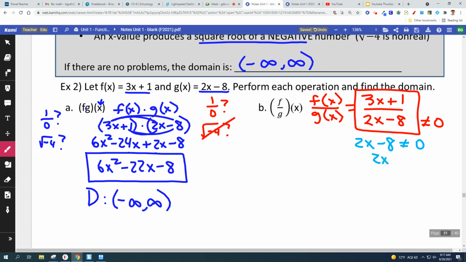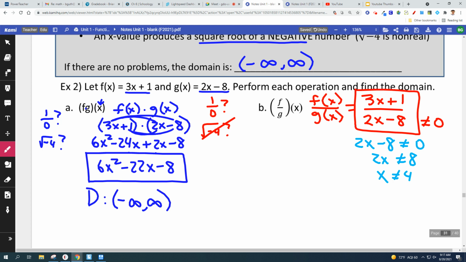Add 8. So 2x is not allowed to equal 8. Divide by 2. X is not allowed to equal 4. Think about it. If x was equal to 4, you plug in 4, you're going to get 0 on the bottom of a fraction. That's going to be an error. Okay, on your calculator, it might say domain error. That's what they're talking about because 4 is not in the domain.